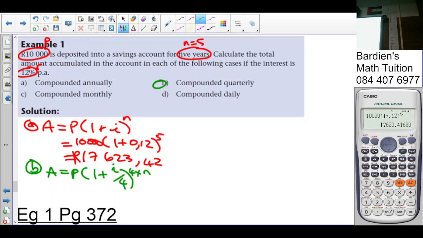If it's 5 years, the interest will be calculated 5 times 4, which is 20 times in 5 years. So here it's going to be 10,000 into 1 plus I, which is 0.12 over 4 to the exponent 4 times 5.